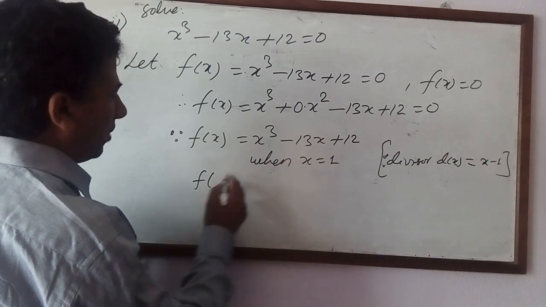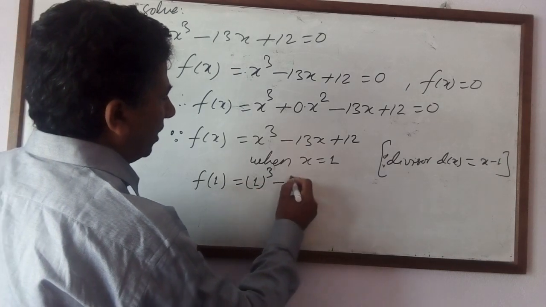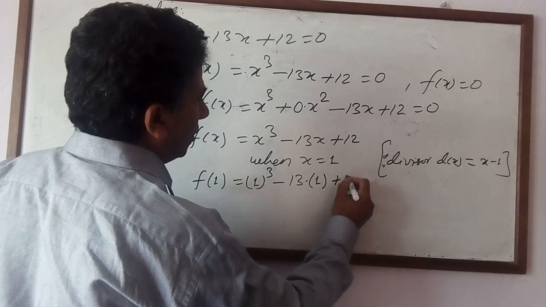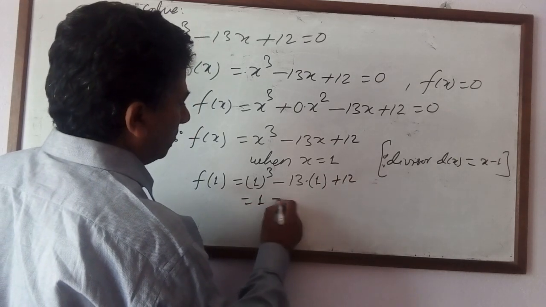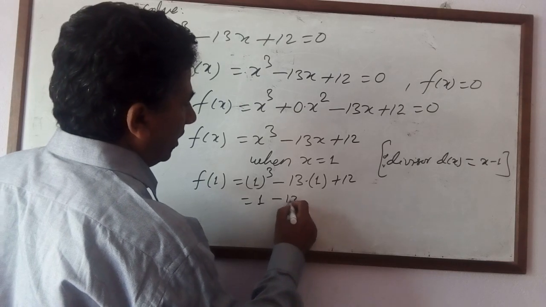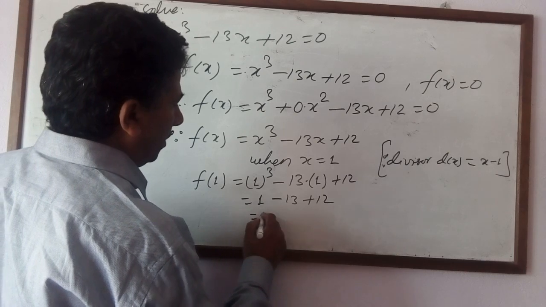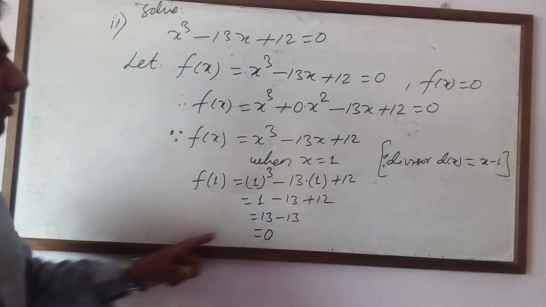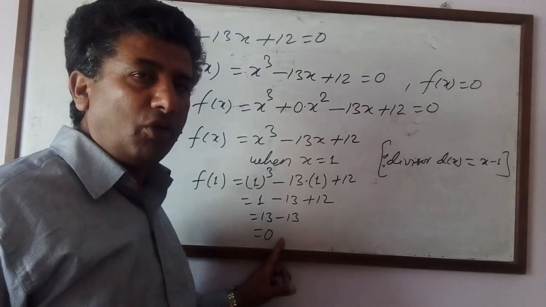Write the value of x equals 1: 1 cube minus 13 times 1 plus 12. 1 cube means 1, minus 13 times 1 is minus 13, plus 12. 1 minus 13 plus 12 equals 0. What we found is that when x equals 1, the value of the polynomial is 0.